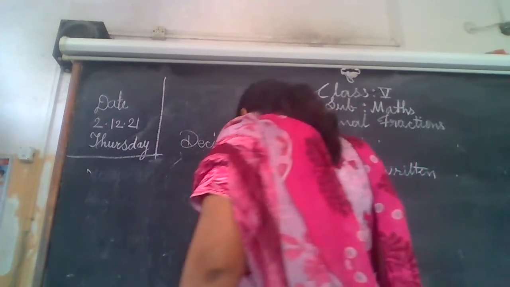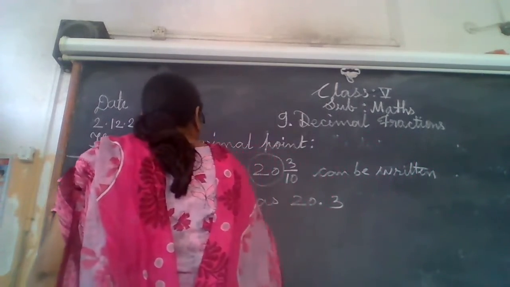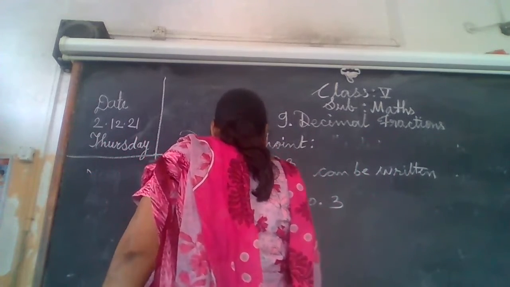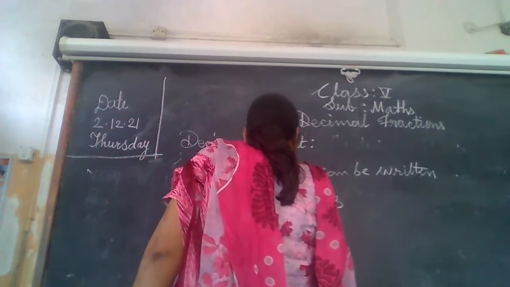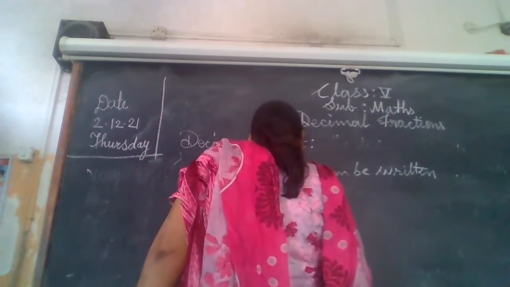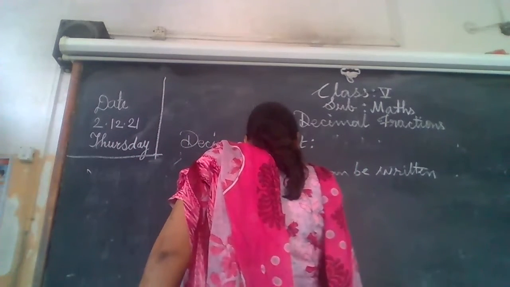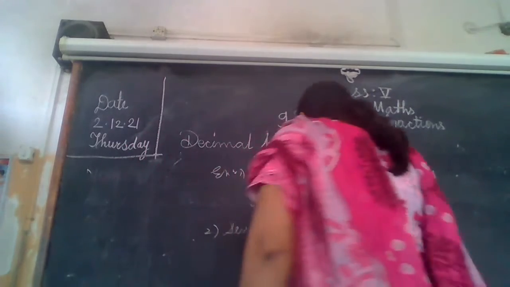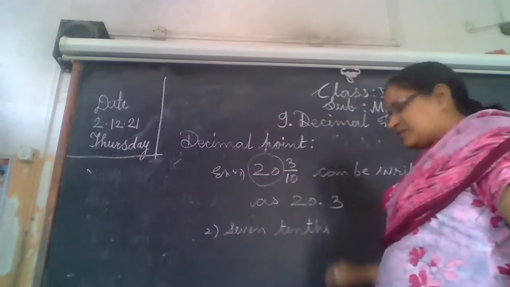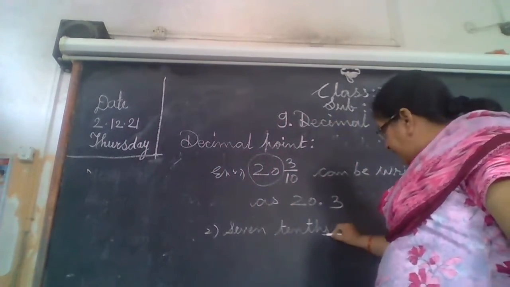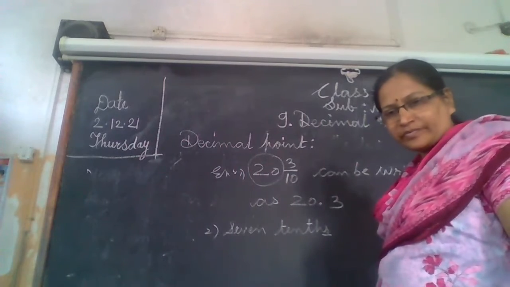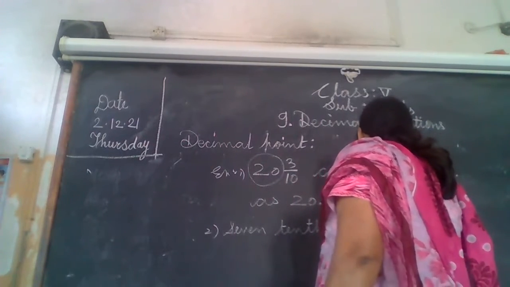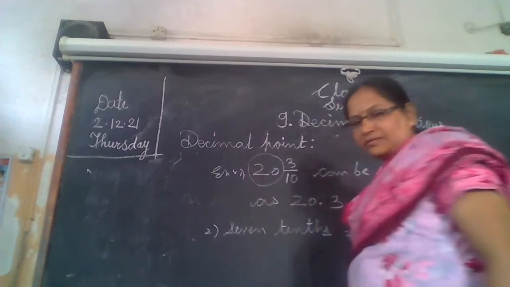Okay, next example, see. Seven tenths. The spelling has TH, which means 7 upon 10.